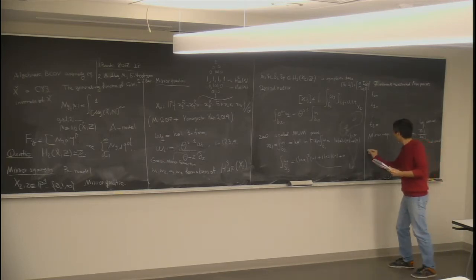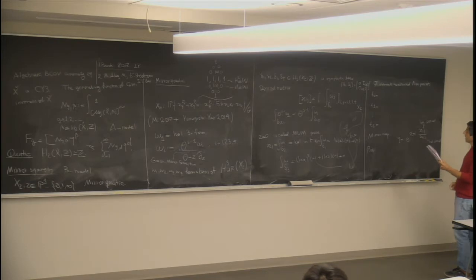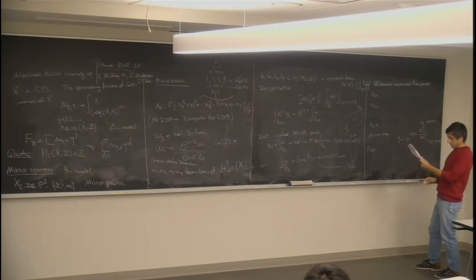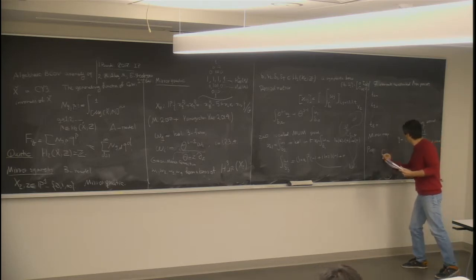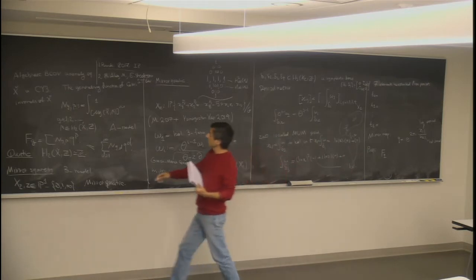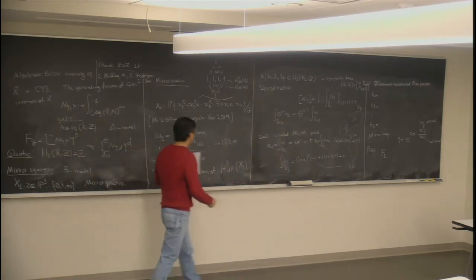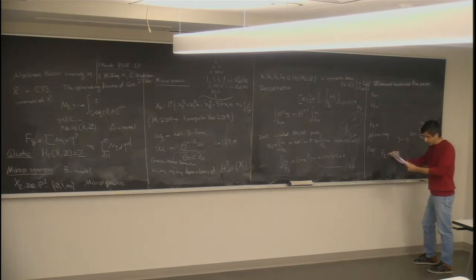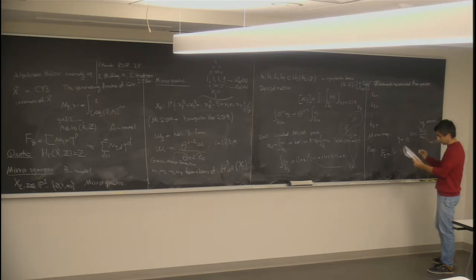F1, the genus one generating function of Gromov-Witten invariants, is Ln T4 to the 25/12, T4 minus T0 to the 5 to the minus 5/12, T5 to the minus 1/2.